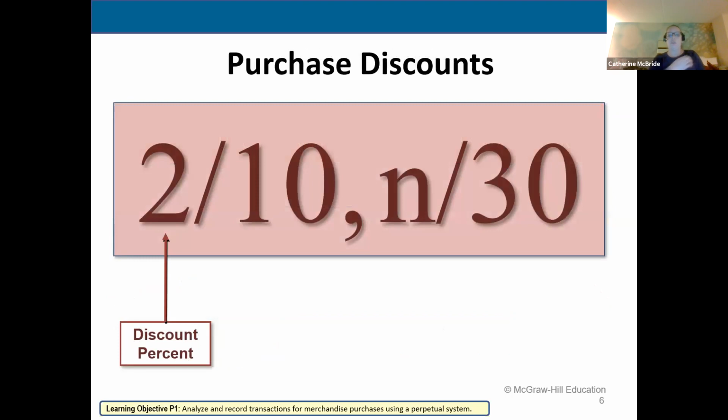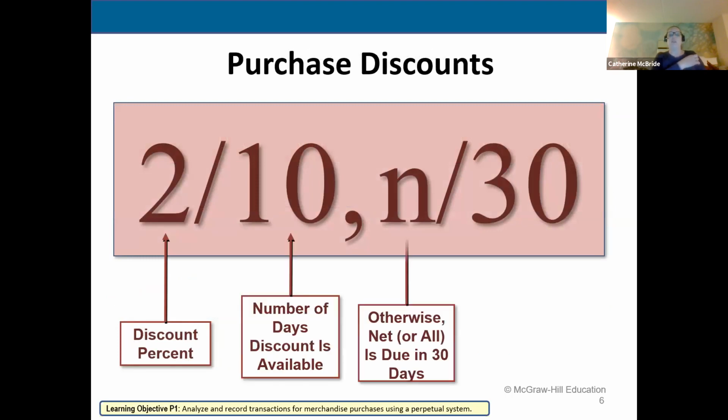So with 2/10 net 30, the 2 is the amount of the discount and 10 is the number of days. If you pay within 10 days, you take a 2% discount. But no matter what, everything is due within 30 days. It doesn't have to be 2/10, it could be 3/15, but the first number is always the discount percentage, and the second number is always the number of days.